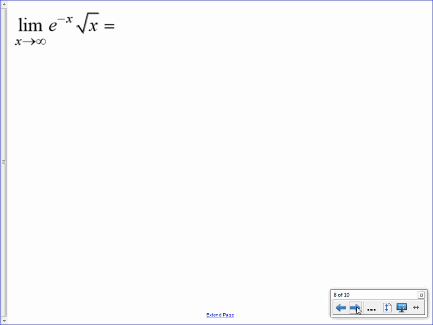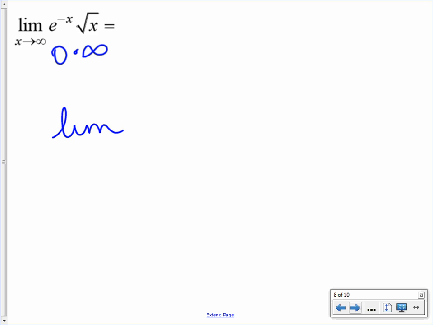Okay, so if we try to evaluate this, what do we get? 0 times infinity. So this is an indeterminate form. This is the only other one I'm going to have us look at besides 0 over 0 and infinity over infinity. We have to make it into a fraction, because we can only use L'Hopital's rule if it is in fraction form.